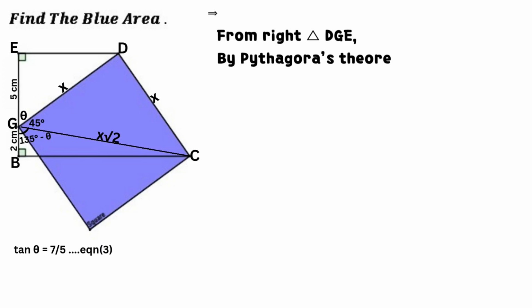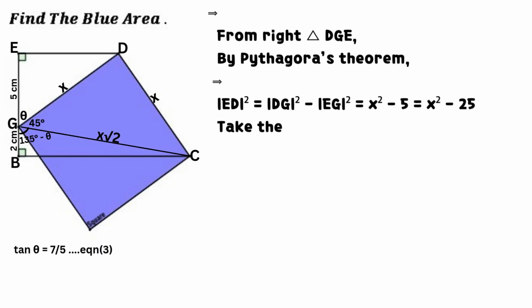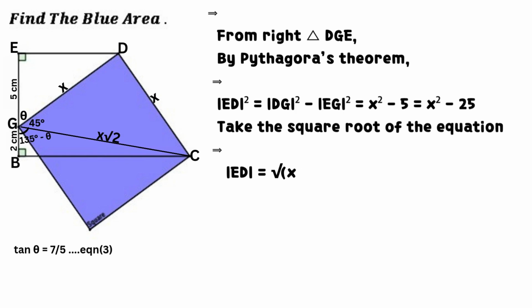This implies from right triangle DGE, by Pythagoras' theorem, the square of line ED equals the square of line DG minus the square of line EG, which equals the square of x minus 25. Take the square root of the equation. Hence, the length of line ED equals the square root of x squared minus 25.